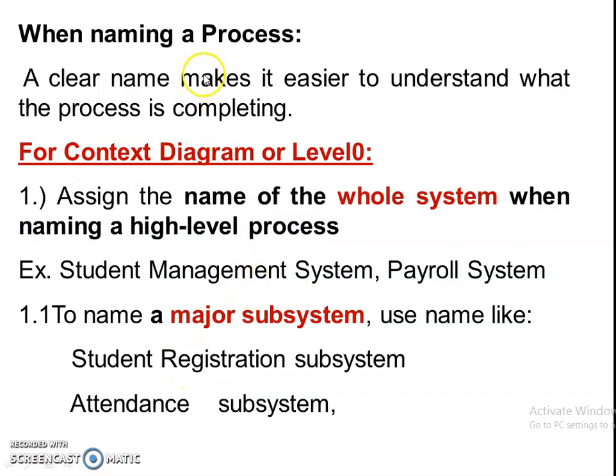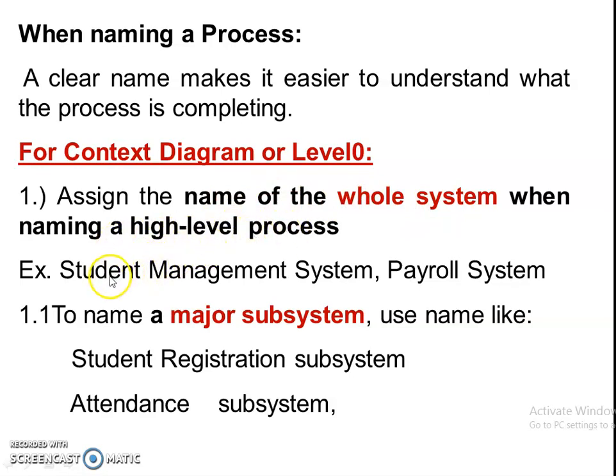When naming a process, a clear name makes it easier to understand what the process is completing. For the context diagram or level 0, if you remember, I have mentioned the 3 levels of DFD. The naming of each process in every level is different. For level 0, you will assign the name of the whole system when naming a high-level process.